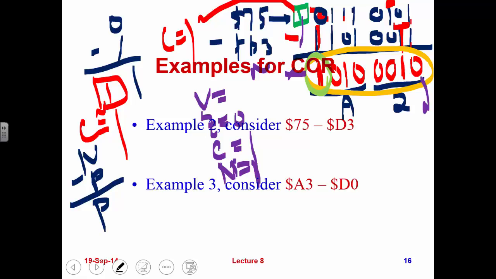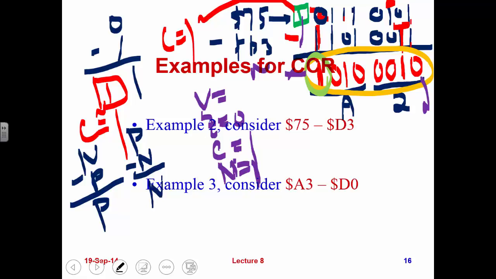Another case is when we subtract a negative number from a positive number. This is already positive, and we subtract a negative number, which is equal to adding a positive number. So our result should be positive. But if the result is negative, something's wrong.